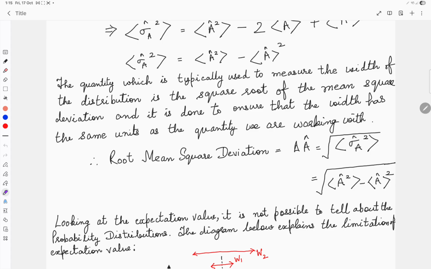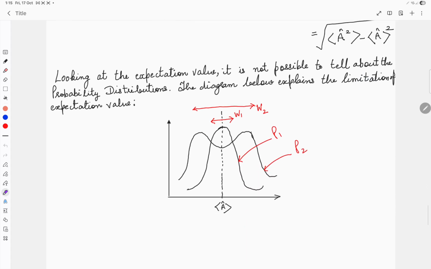What is root mean square is just take the under root of this, so that will be equal to delta a, which is called the root mean square deviation. Root mean square is this, mean square deviation is this, so this delta a becomes the root mean square deviation. So that is under root of this mean square deviation, and this is the quantity which is root mean square deviation.